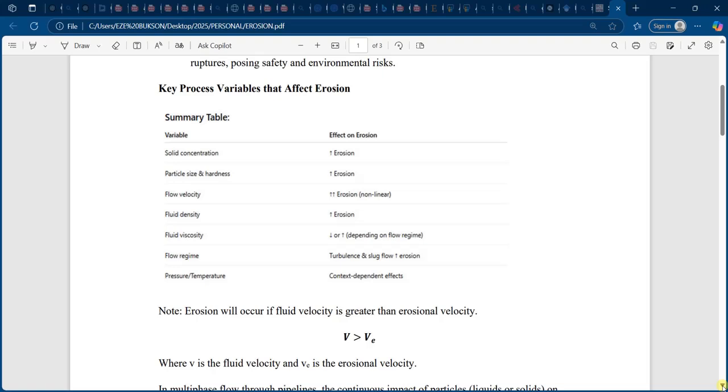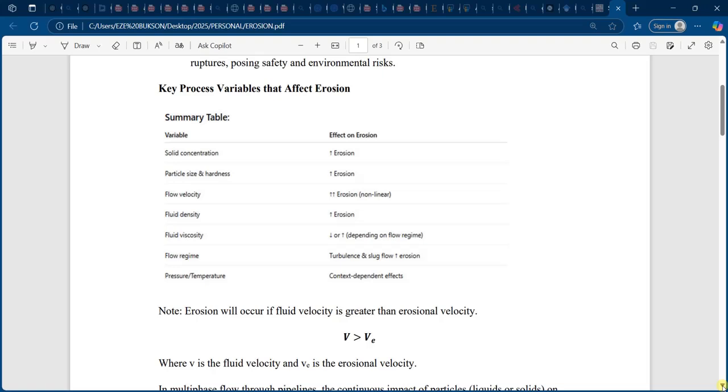Some of the flow regimes that can cause erosion are turbulent flow and also slug flow, right? So if you have turbulent flow, there is a likelihood that erosion might occur. Then you also have pressure and temperature, right?